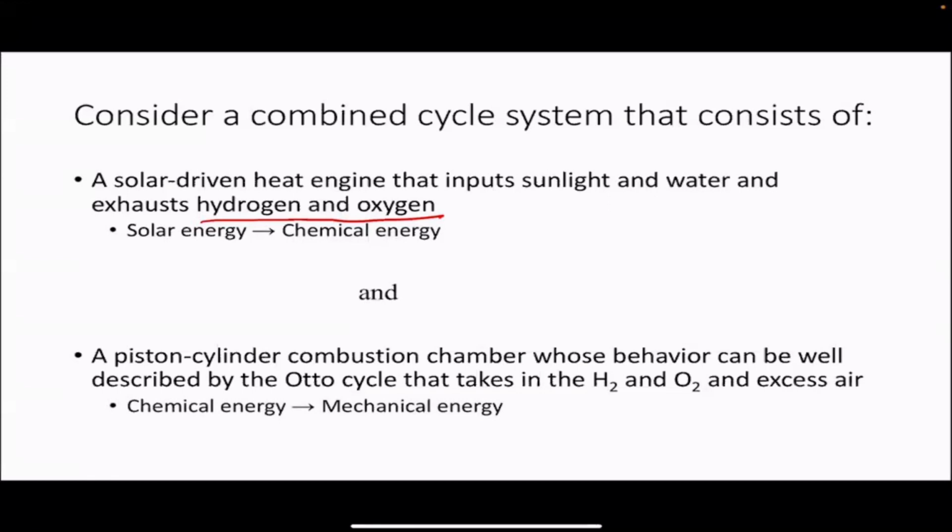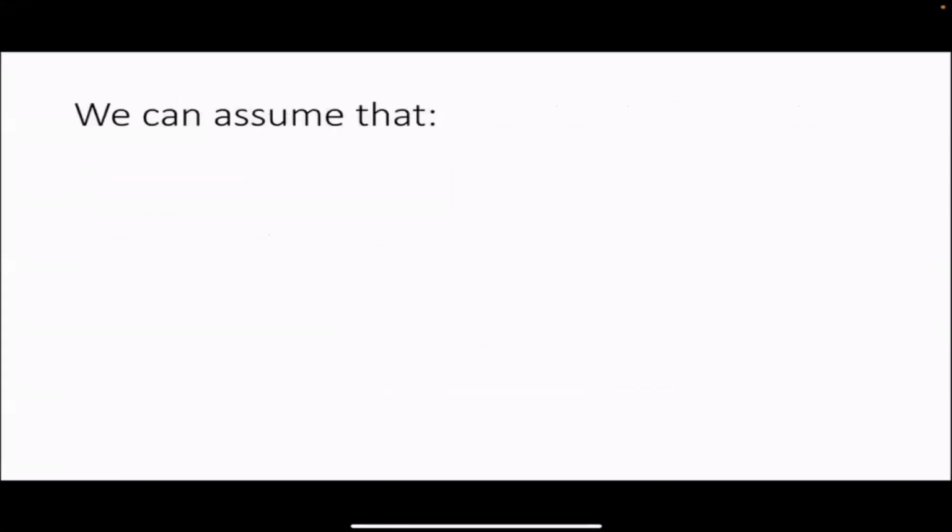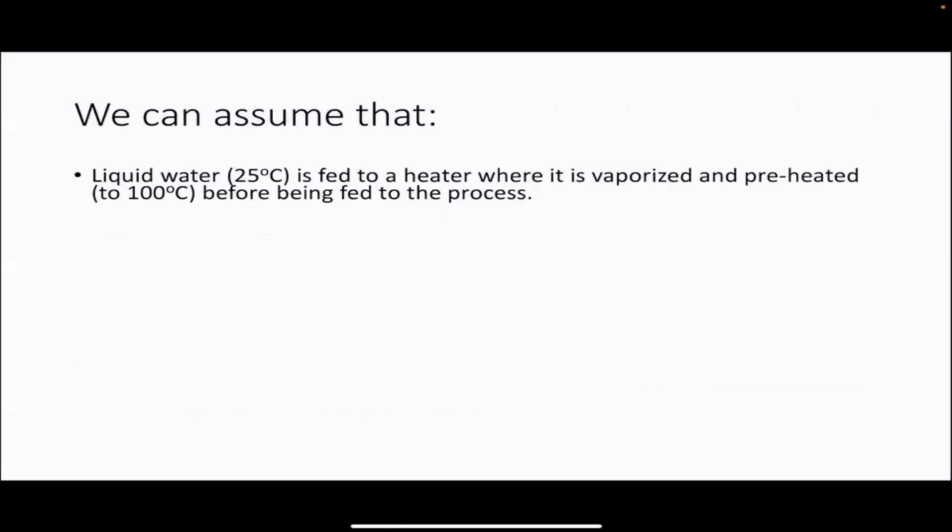Okay. And to actually solve a problem, let's put some numbers to what it is we're trying to do, and then talk about the individual steps. In the problem that we're going to solve, we're going to assume, first of all, that liquid water is fed to a heater where it's vaporized and preheated to 100 degrees C before being fed to the process.